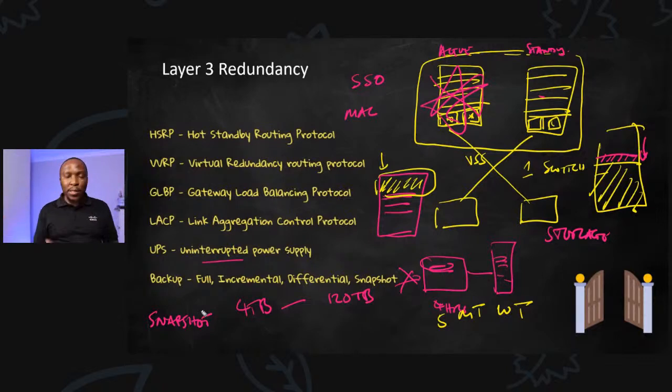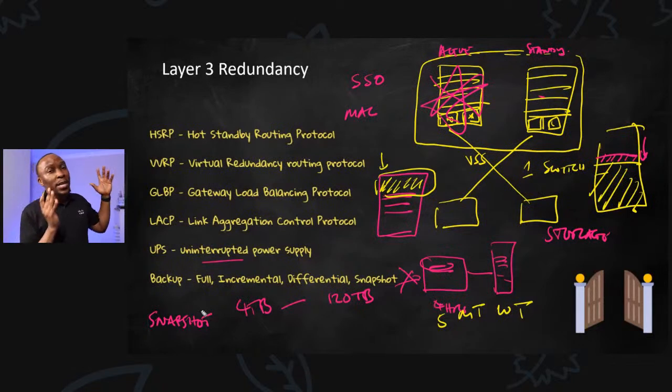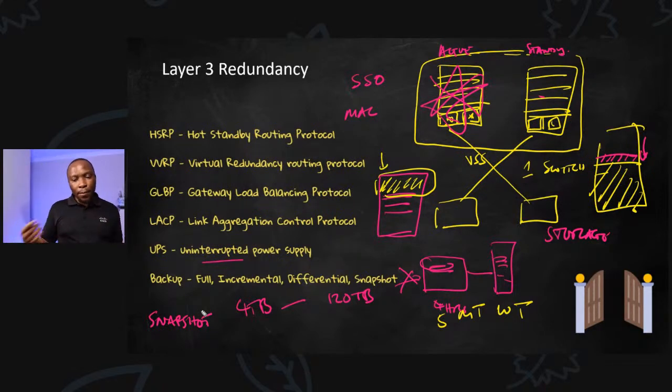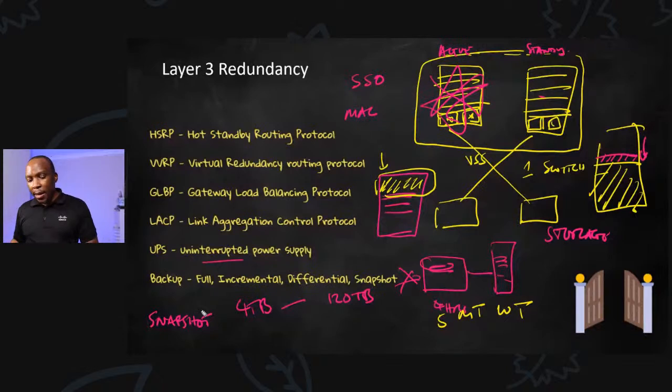So snapshots have become a savior, especially in a virtual environment, because before you make any changes to a server, you can just do a snapshot of it, and then you can restore the snapshot if anything goes wrong. Right? I'm sure if you've got Windows 10, at some point you've seen these snapshots being taken and happening.